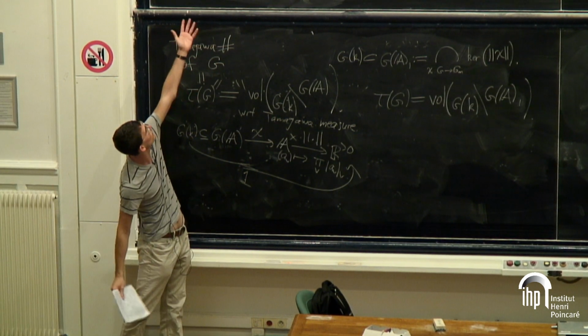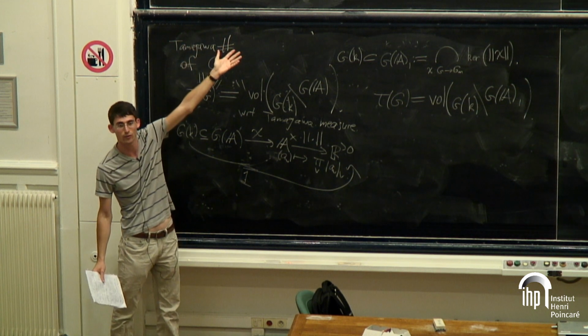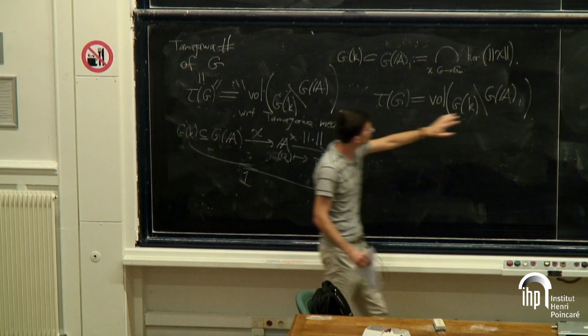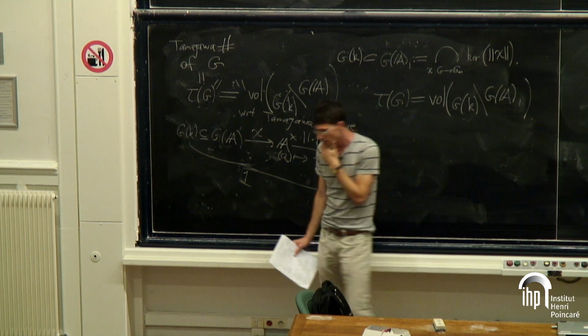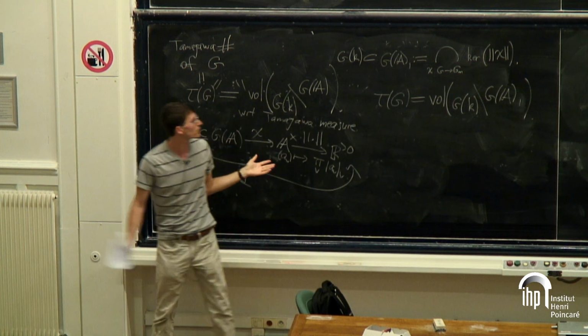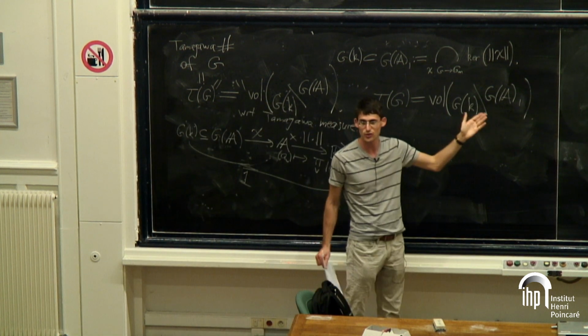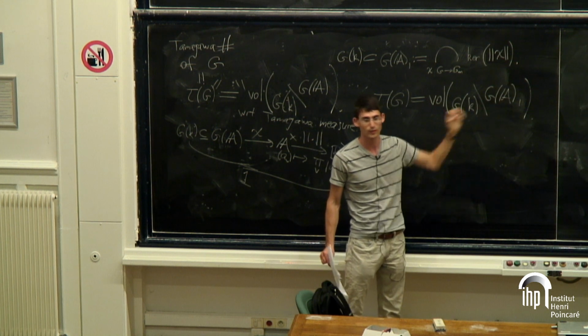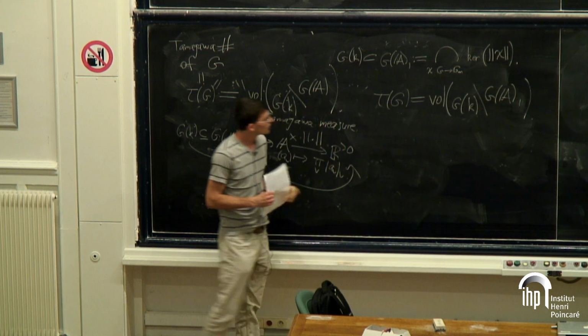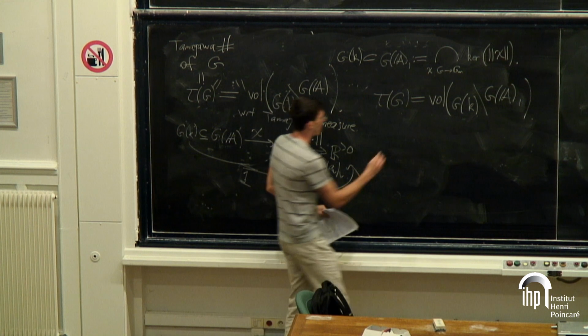At the beginning, we chose a left invariant form; we could have picked a right invariant form. This subgroup is actually unimodular, so the left-right distinction disappears. So this number is totally canonical, no choices. This is the Tamagawa number of G.